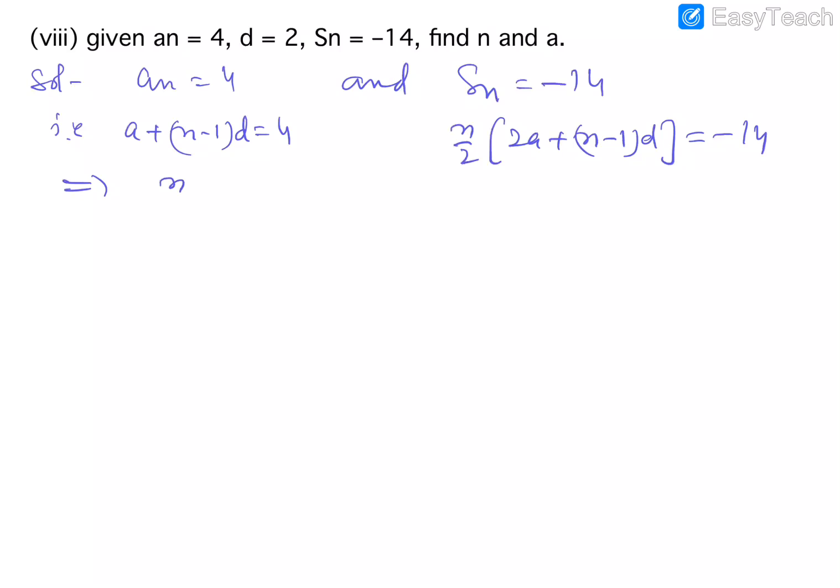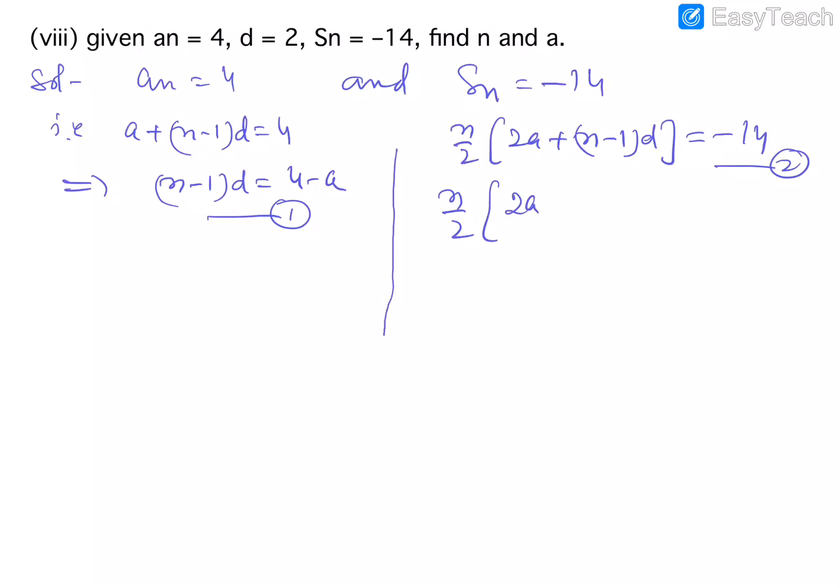So from this we can find out n minus 1 into d as 4 minus a. Using this in the second equation, we have 2a plus the value of n minus 1 into d is 4 minus a. It is minus 14. So this gives n by 2 and this gives a plus 4 is equal to minus 14.